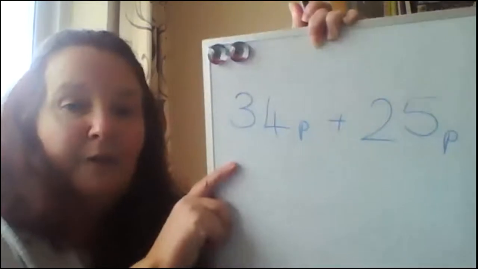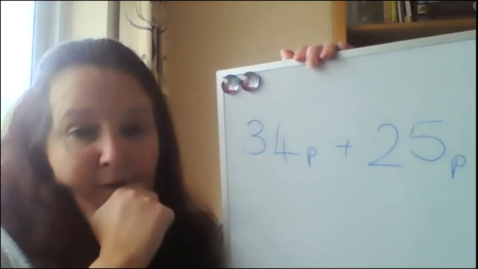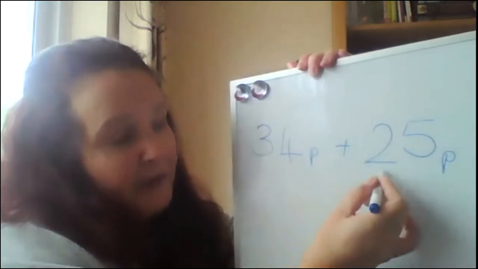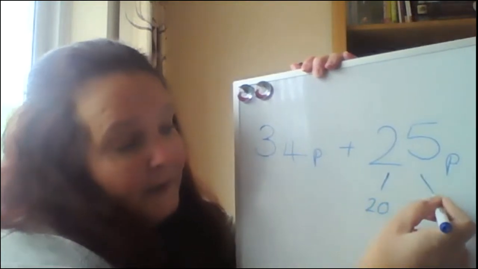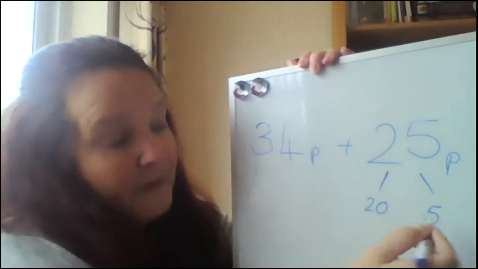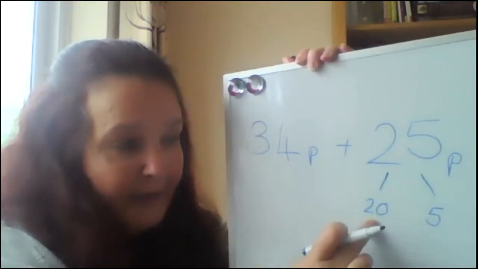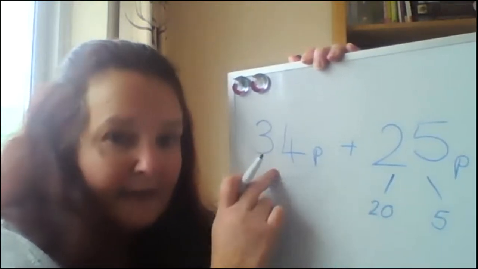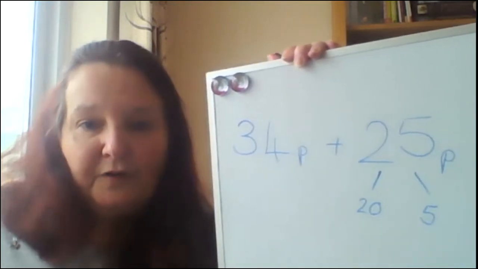Okay, there they are on my board. Now what are we going to do first? Have a think. That's right. We're going to partition the 20 and the 5. We've done lots of work on partitioning 25, 20 and 5. Okay, and then we can add it on to 34.